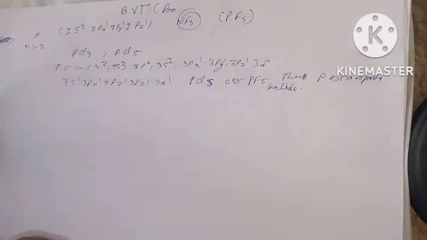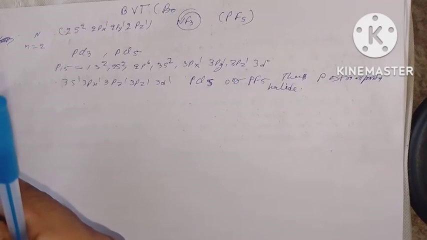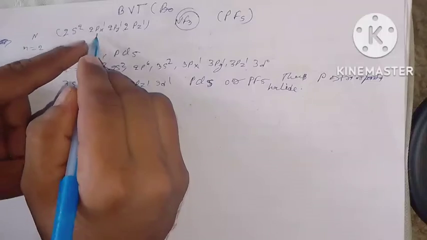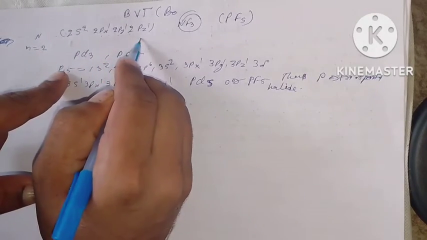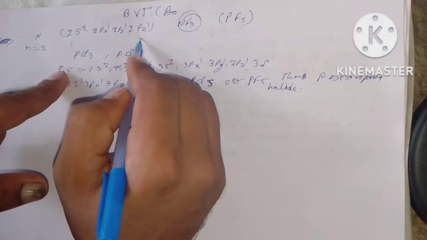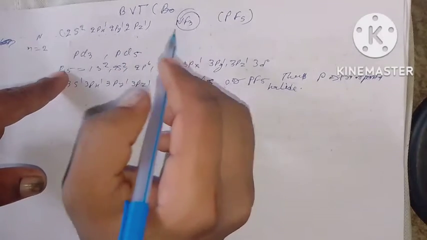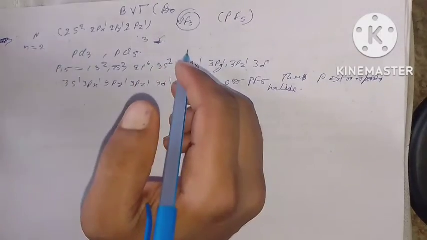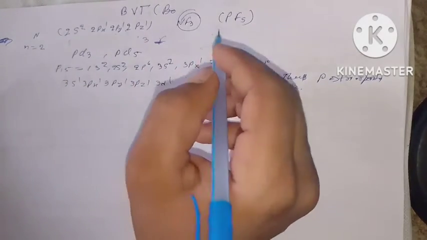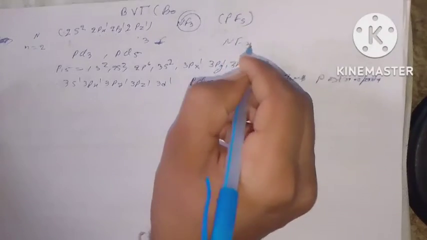And again, as N contains 3 unpaired electrons, 2s2, 2px1, 2py1, 2pz1, with 3 F atoms it forms NF3.